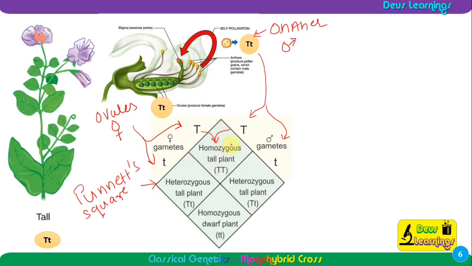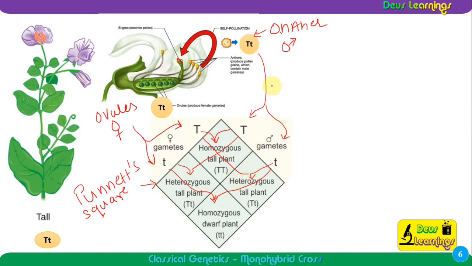If we get this one with this one, then we get a heterozygous dominant condition, right? And if we get this one with this one, it's a heterozygous again dominant condition. And if these two recessive alleles get mixed up, then we get a homozygous recessive condition.